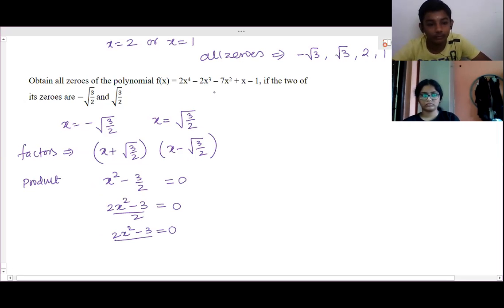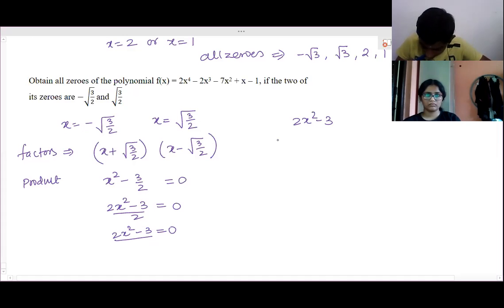But how can we equate it just like that to 0? This is a polynomial. Solve this and tell. Take 2x square minus 3 and find the zeros of this.